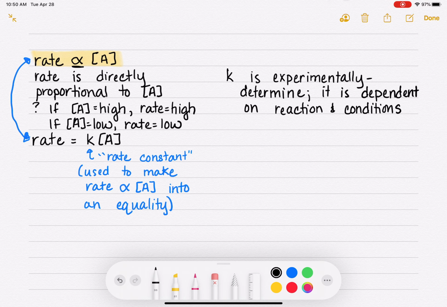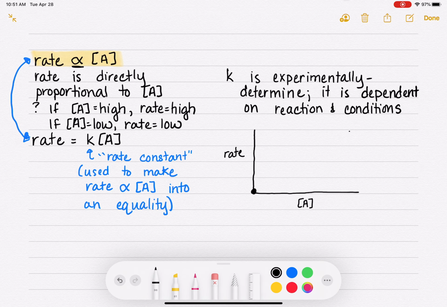So let's take a look at how we would experimentally determine k. It's pretty straightforward. If we wanted to experimentally determine the rate constant k, we would just run a reaction, like I said, over and over and over again and measure the rate of the reaction compared to a whole bunch of different values of concentration of A. And what we would find typically is if the concentration of A is very low, then the rate is also going to be low.